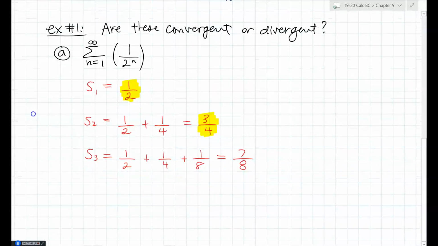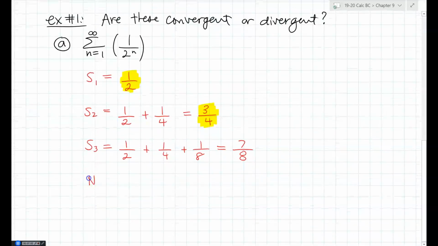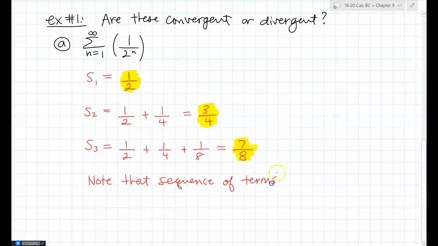Okay, so note that the sequence of partial sums is 1/2, 3/4, 7/8.